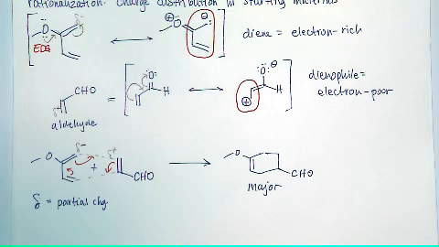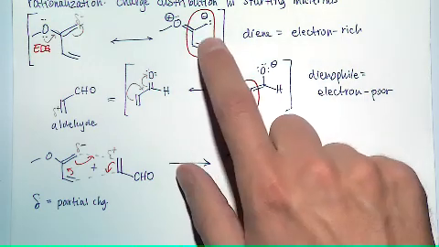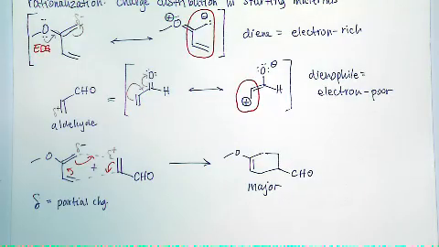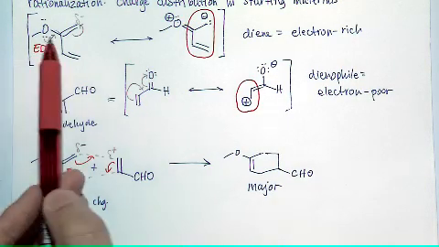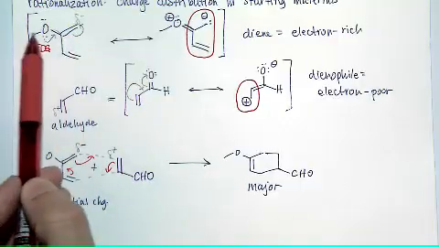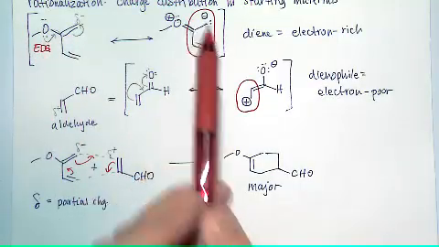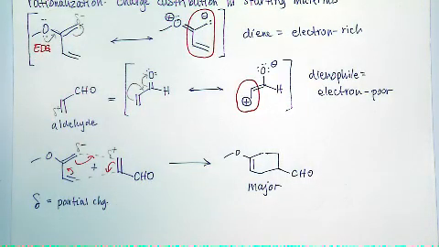And when we've got our electron donating group, that means we're going to end up with a negative charge, or at least a partial negative charge, on the side of the diene that's closest to the electron donating group. So kind of this top half of the diene where we've got the electron donating group, that's where we're going to have our delta minus.